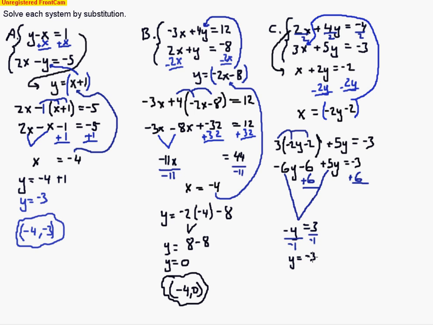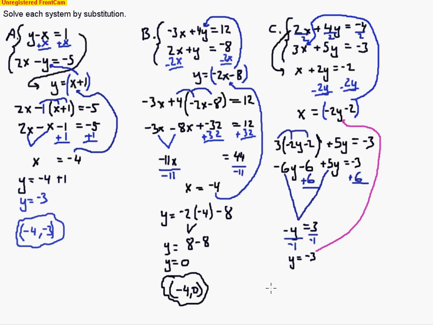So we can go ahead and now find x by doing the same thing we had done before. So again, you can substitute that negative 3. You can bring that all the way back over here and put that in for this y. Again, you can put it in for any of these y's, but the best is this one where x is by itself.